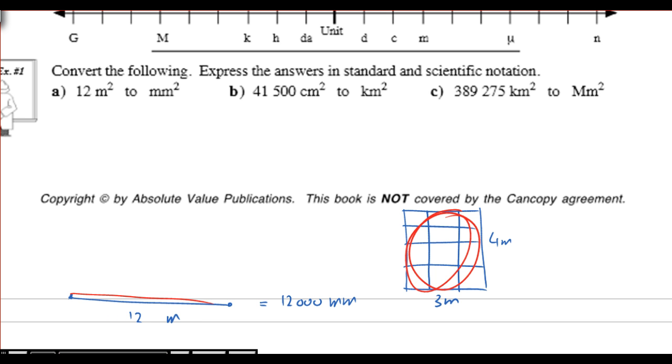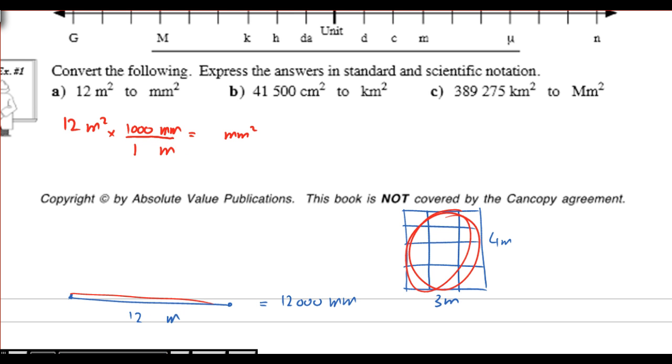So again, 12 meters squared is what we start with, and we want to end up with millimeters squared. The conversion is going to be, for every 1 meter, and remember we put the meters on the bottom, there are 1,000 millimeters.